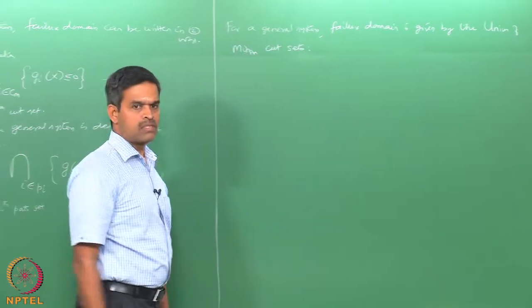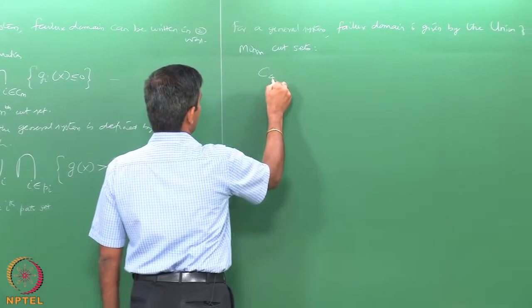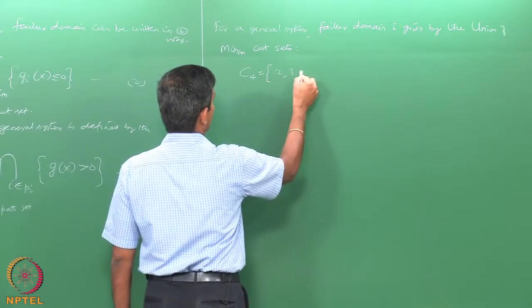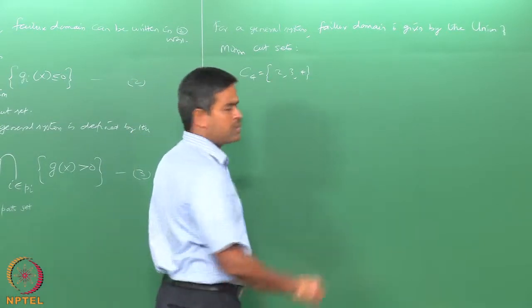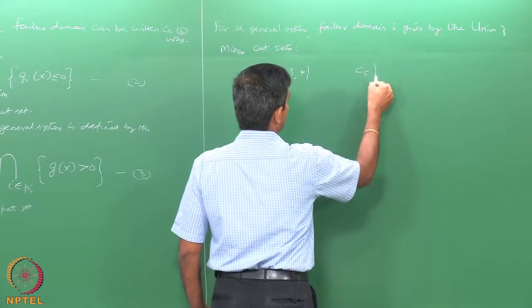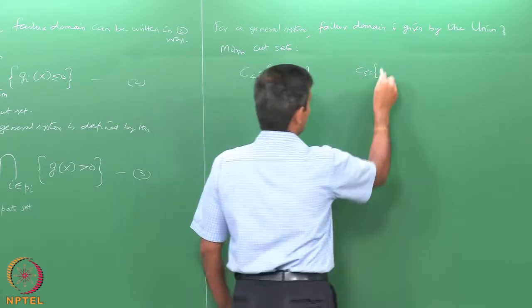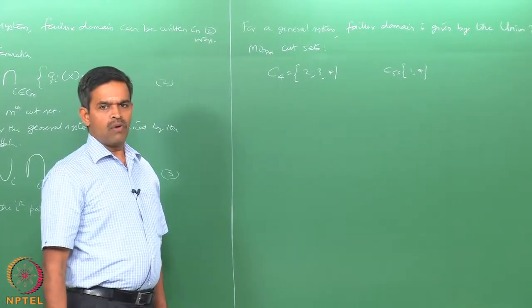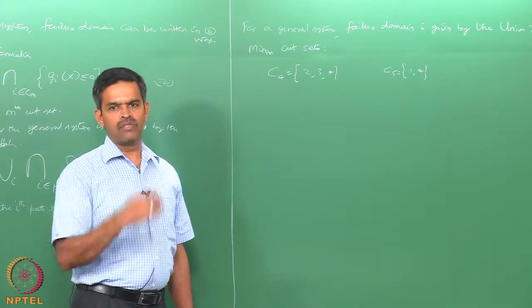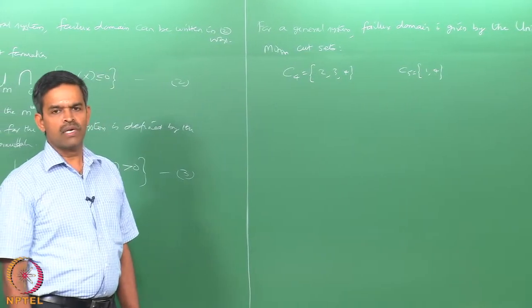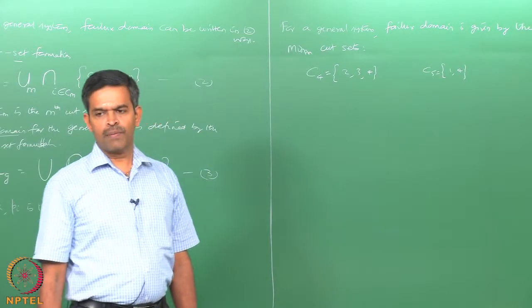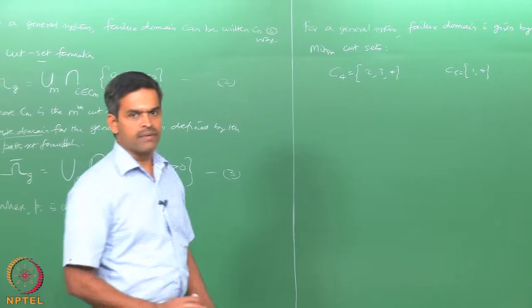What are the cut sets in this case for our example? One is C4, which is 2, 3, 4. The other is C5, which is 1 and 4. These are the minimum cut sets we have. The failure domain was shaded in the figure as you saw on the screen for some assumed component limit state surfaces. Therefore, the problem of system reliability can now be stated.